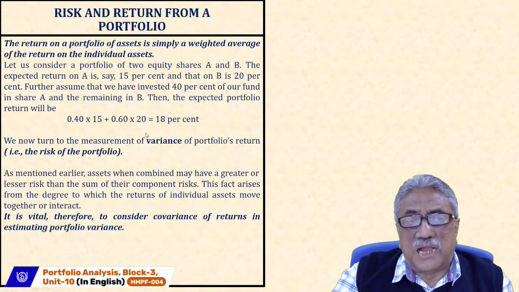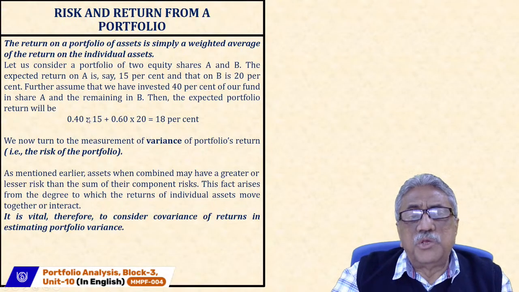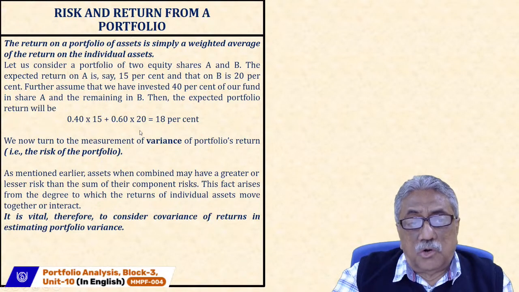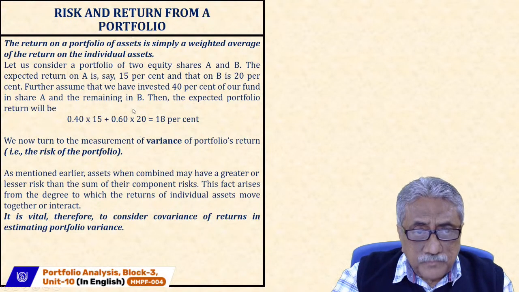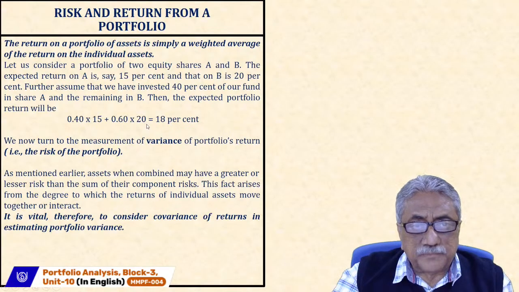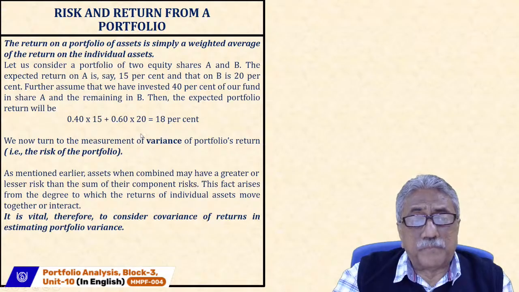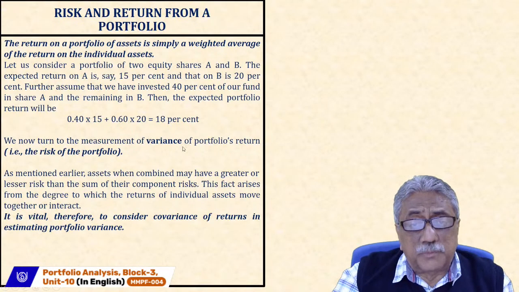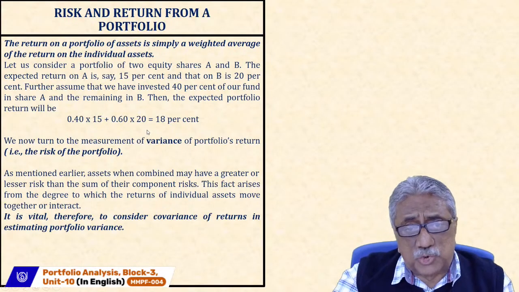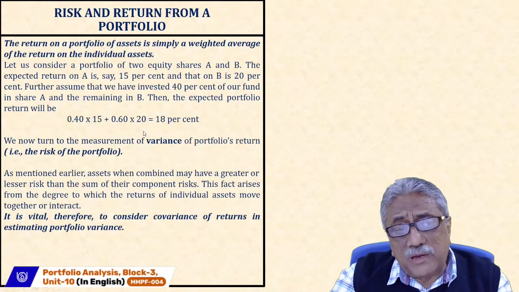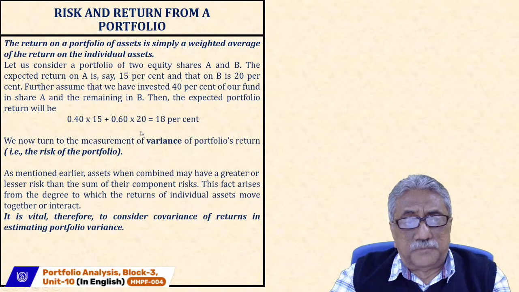Here, if A is doing well, B not necessarily will do well or may do better, as you have seen here. But the risk is higher. So we need to understand the variance of the portfolio. Now, when we combine these two, we understand how A and B together act.